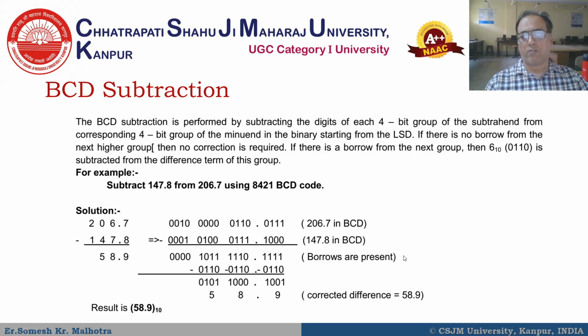If there is a borrow from the next group, then 6 is subtracted from the difference term of this group. Let us understand this statement by an example. Now, in this example, we have to subtract 147.8 from 206.7 using 8421 BCD code.